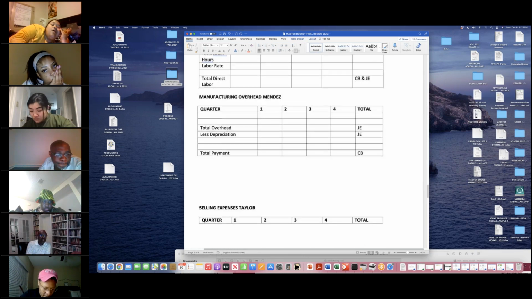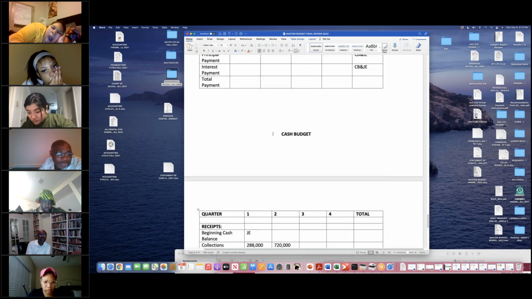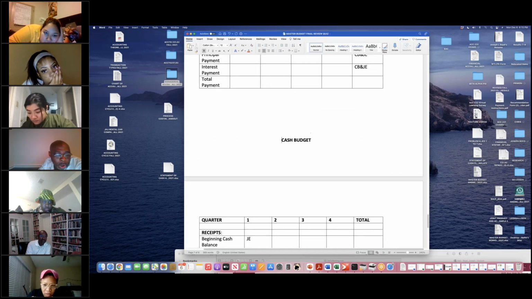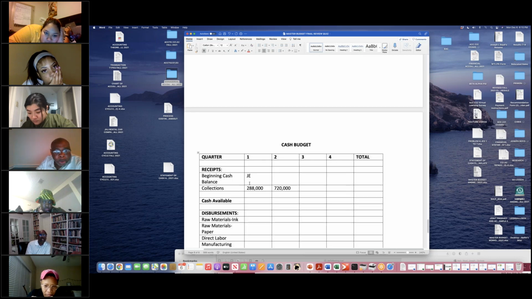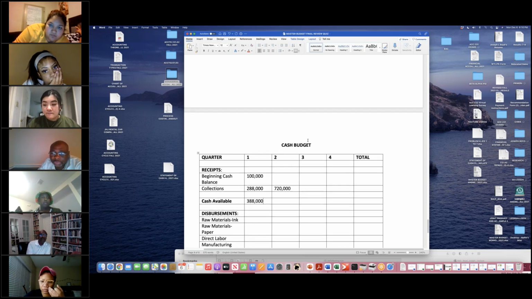So since we started off with 100,000, this initial amount is going to be 100,000. So you have cash available for 388,000. Do we have enough cash now to meet our minimum? 200,000.